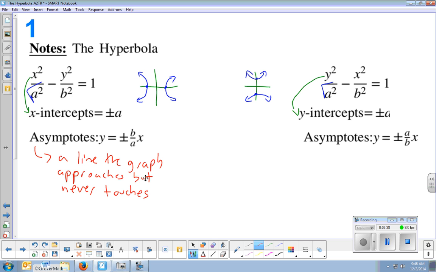It gets forever closer and closer and closer to it, but it never actually gets there. And we have these asymptotes that we draw as dotted lines.